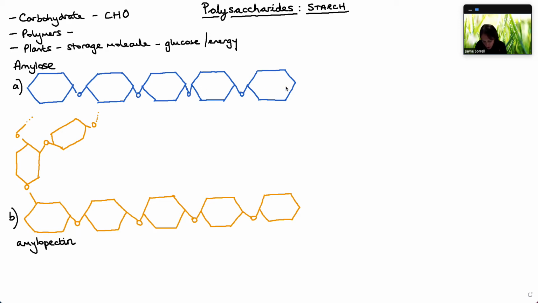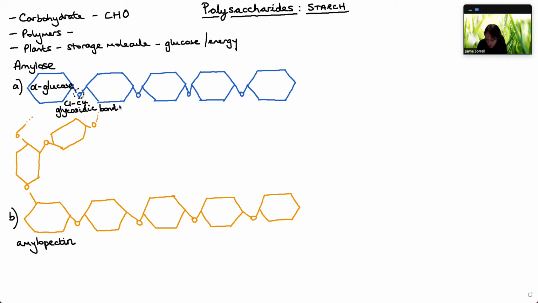So first of all, let's have a look at the blue diagram, amylose. As I said, it's a polymer, so it's made of lots of monomers, and the specific monomer is a monosaccharide. The monosaccharide that makes up amylose is alpha glucose. So it's made of lots of alpha glucoses joined together, and they're joined together by this bond here, this oxygen, and this bond is called a carbon 1 to carbon 4 glycosidic bond.